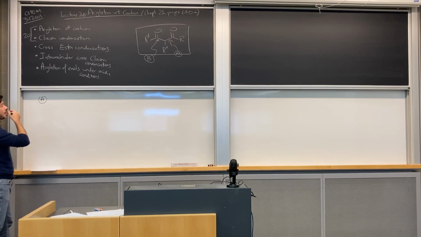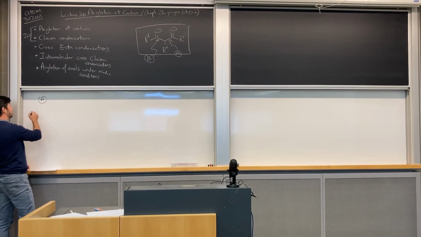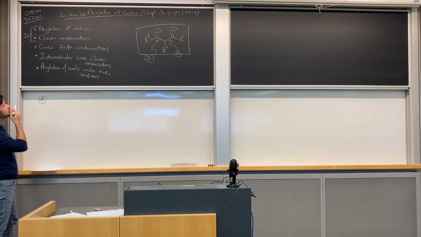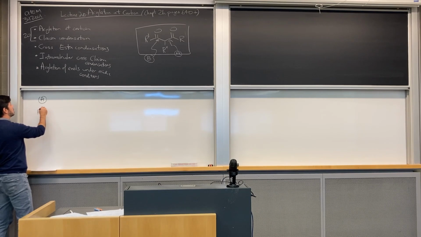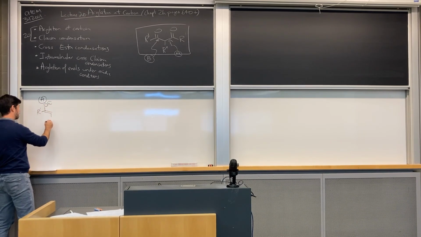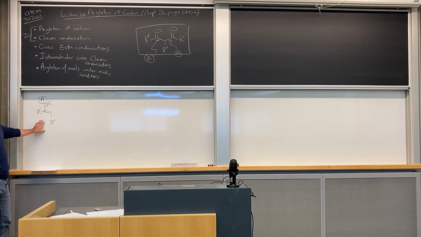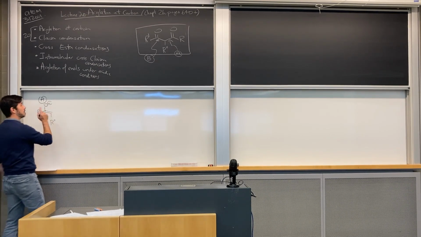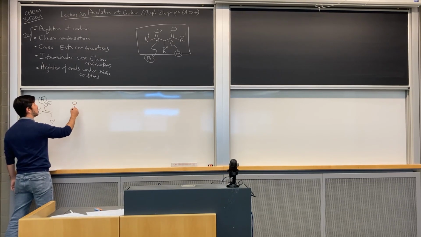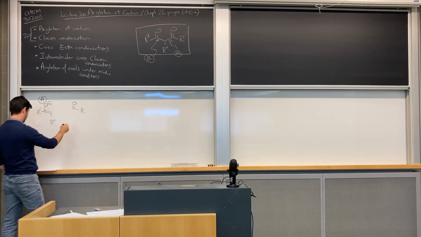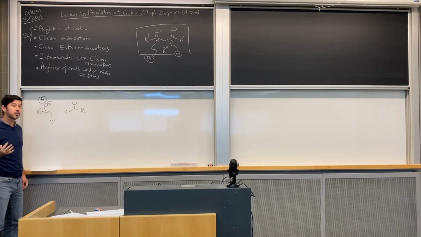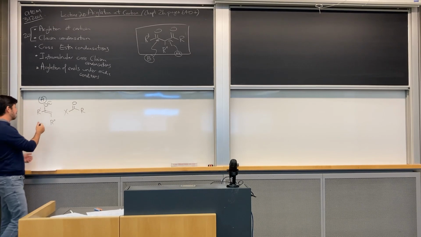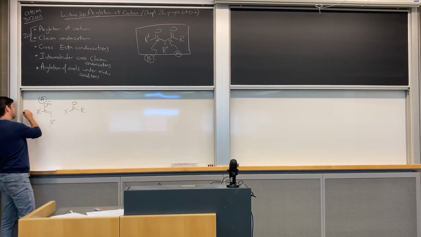If we look at letter A, we're going to have our enolate that would look like this, and that's going to react with an acylating partner which will look something like this. And a good acylating partner is going to have a group X here that's a very good leaving group. So let's write this down.